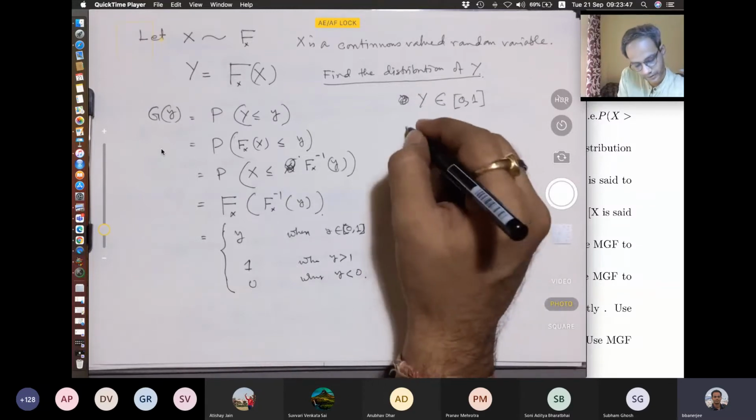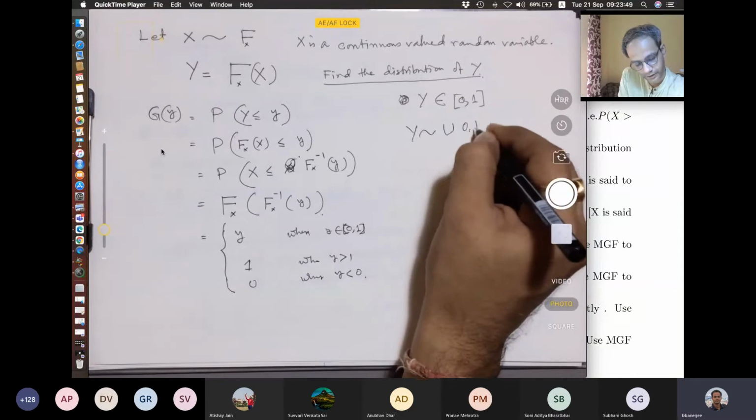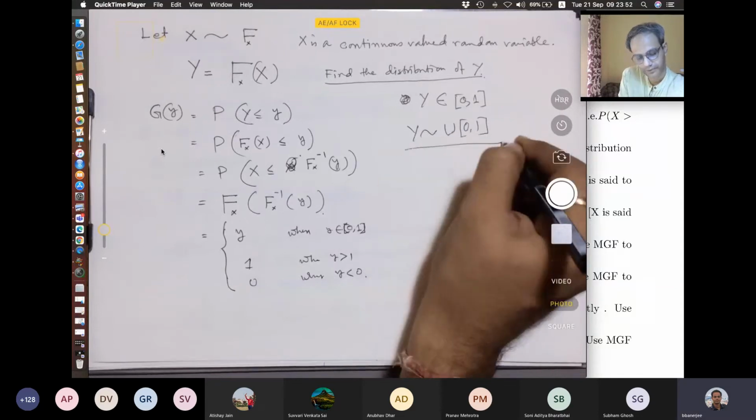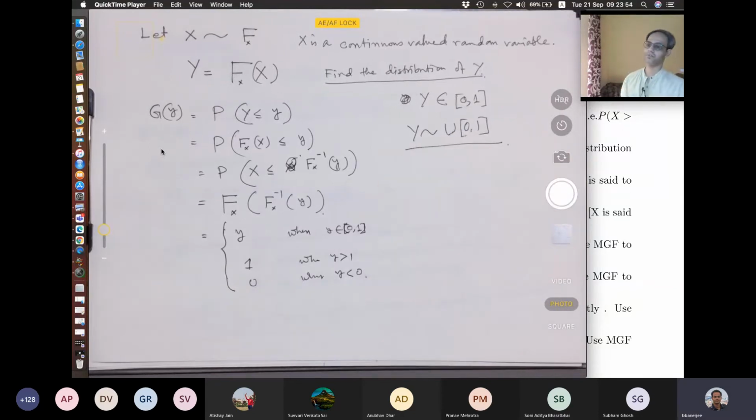So y follows uniform 0 1. So we have returned from where we started. And this is the key thing of your computer simulation.